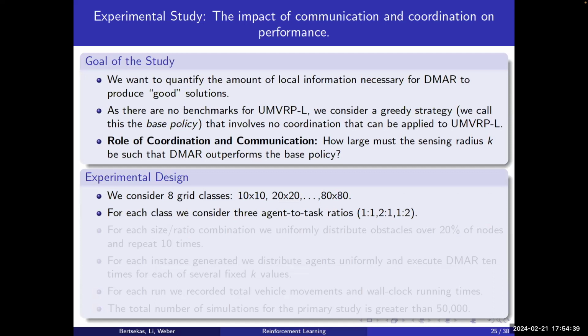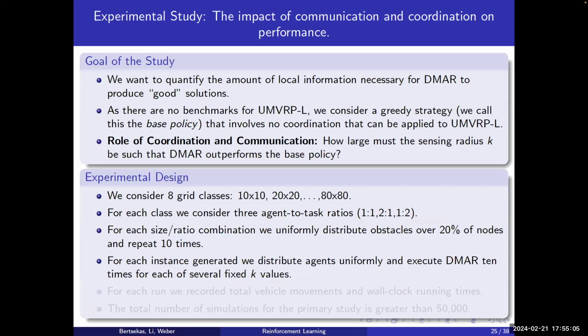Then for each class, we're going to consider 3 different agent-to-task ratios: the same number of agents and tasks, 2 to 1, and 1 to 2. Then for each of these size and ratio combinations, we're going to uniformly distribute obstacles over 20% of the nodes, and we're going to repeat this 10 times. So we're going to make a lot of different instances.